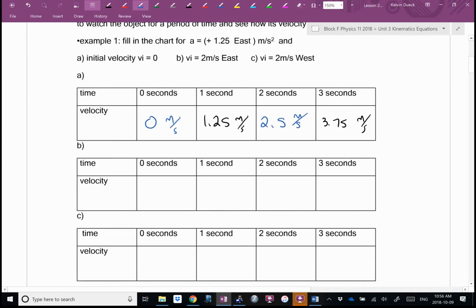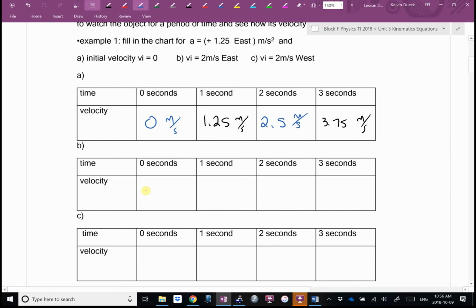In B, we're starting off going 2 meters per second east. What would be a clever way to show east without writing the word east as opposed to west? What was a clever way to show left and right?